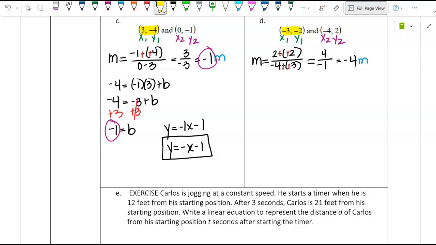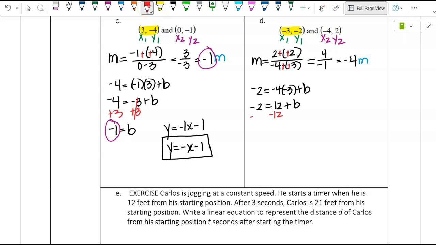-14. So if we substitute in our point, we have -2 equals our slope of -4 times our x of -3 plus b. So -2 equals +12 plus b.